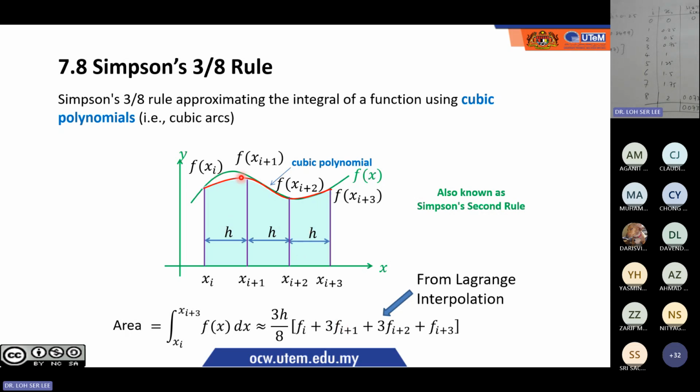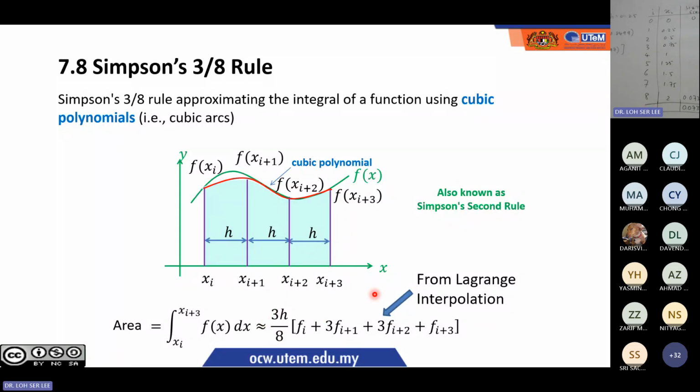So this one, the formula from Lagrange interpolation. Okay, we interpolate the 4 points to get the cubic function, and the area under the curve of this cubic function is given by this.